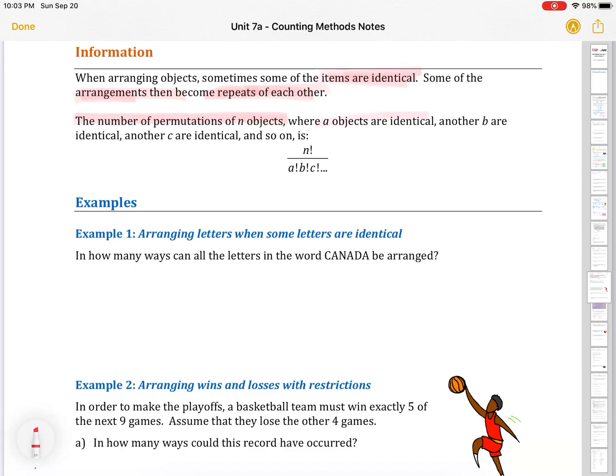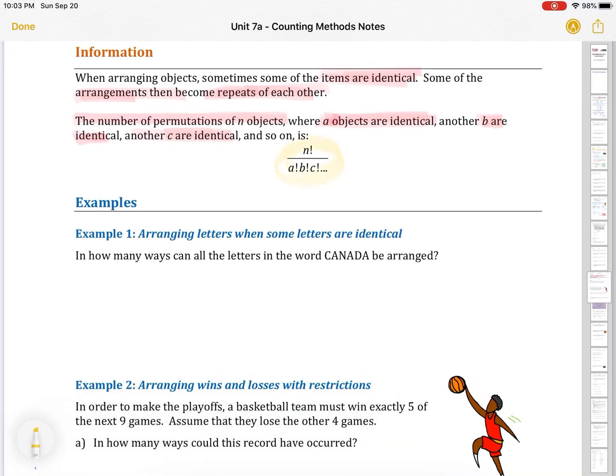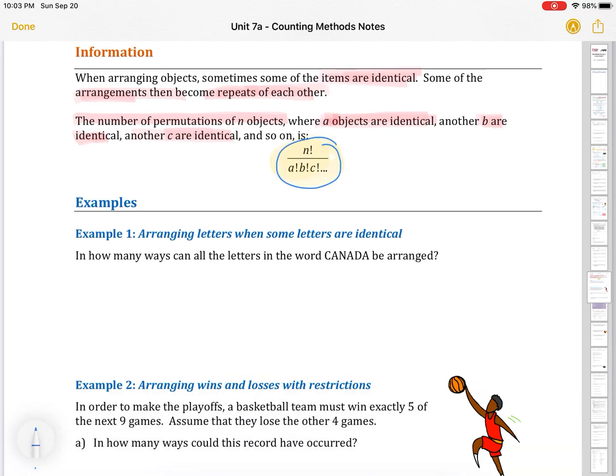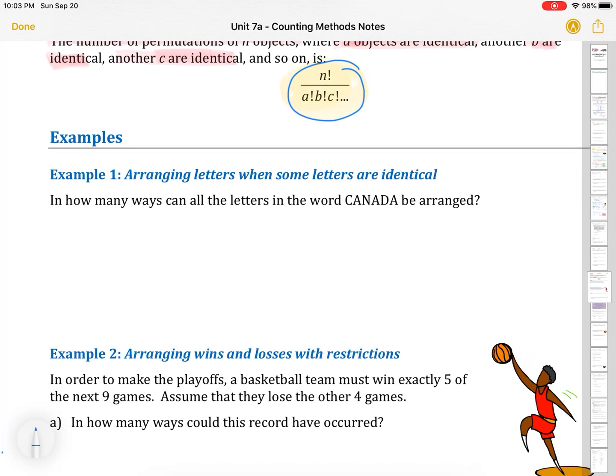So the number of permutations of n objects where A objects are identical and perhaps another B objects are identical or C objects are identical and so on, this is the formula we use. So we can use it for having multiple identical objects, and we'll look at different situations for that.